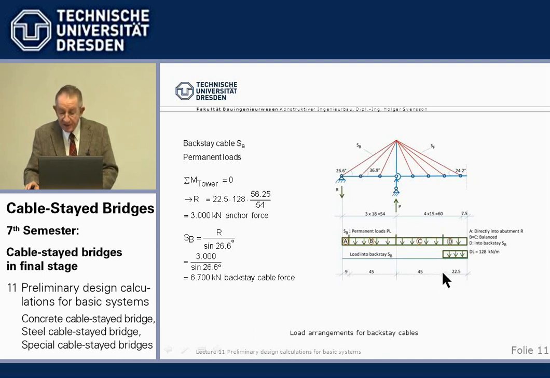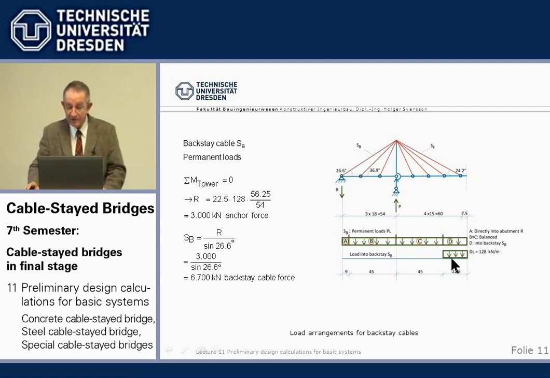And what is remaining then of the total length is 22.5 meters of dead load, which goes directly into the backstay cables and stresses the cables under permanent loads, which is very important. Because if we later have live load in the side span, and I say there is compression in the backstay cables, well, then it means a reduction of the tensile force from this part of the dead load.